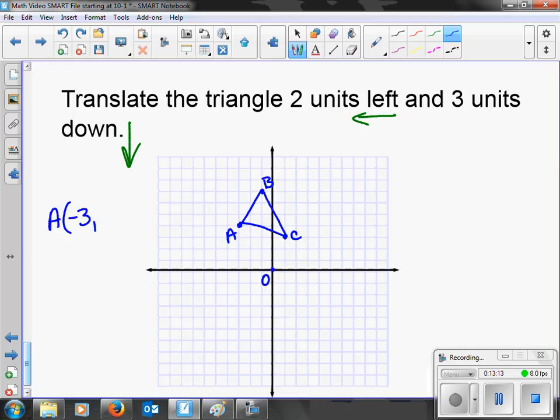And then it is 1, 2, 3, 4 units up. B is 1 unit left, negative 1. And then 1, 2, 3, 4, 5, 6, 7 units up. And then C is positive 1. And then it's up 1, 2, 3.